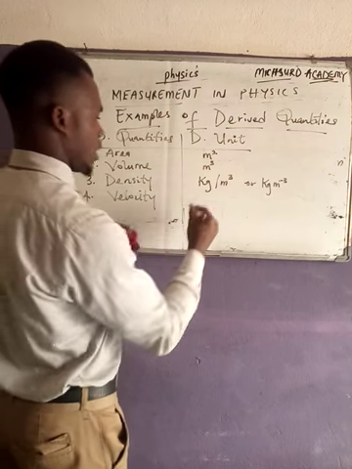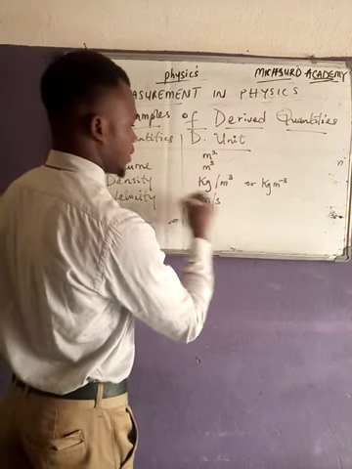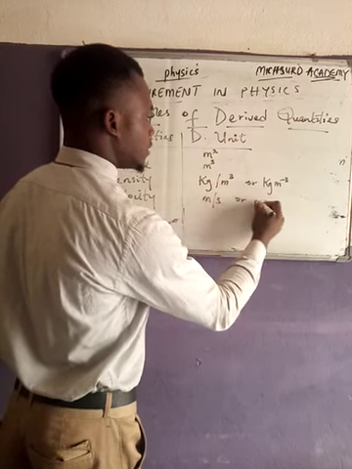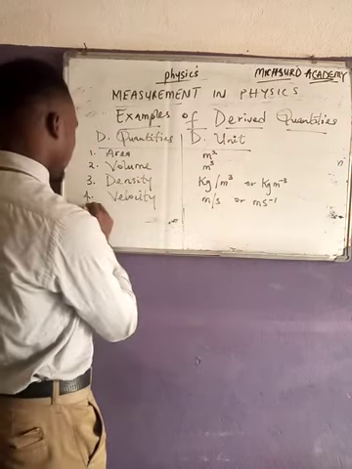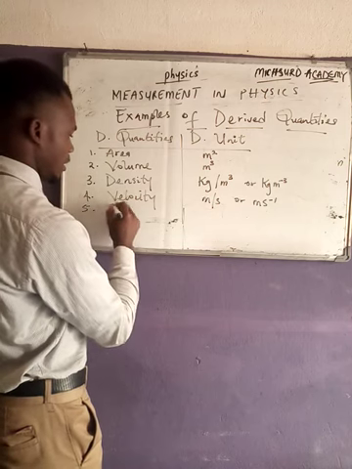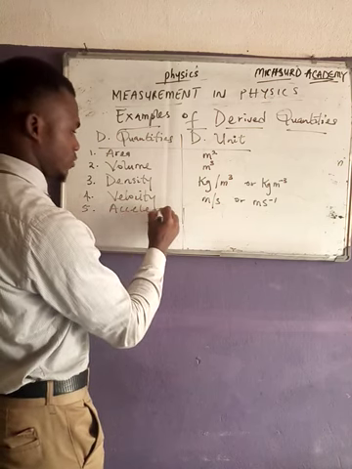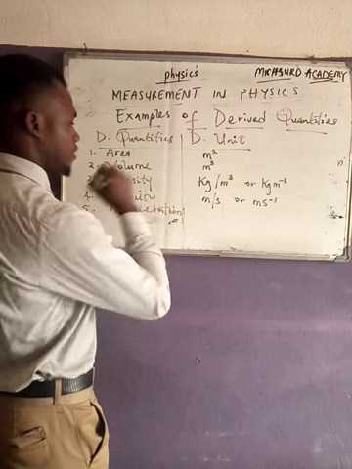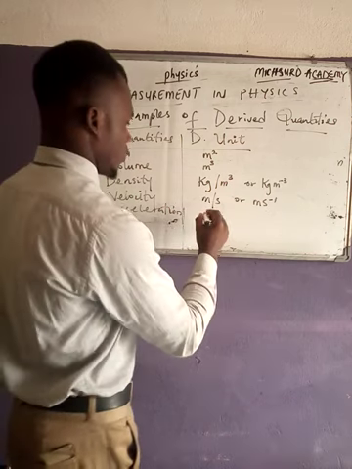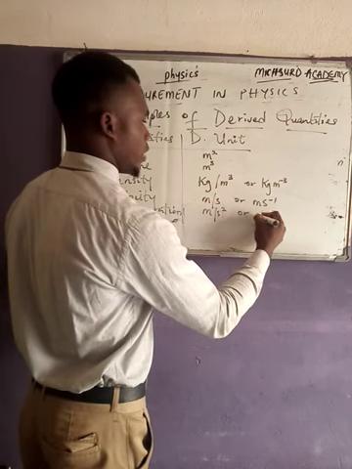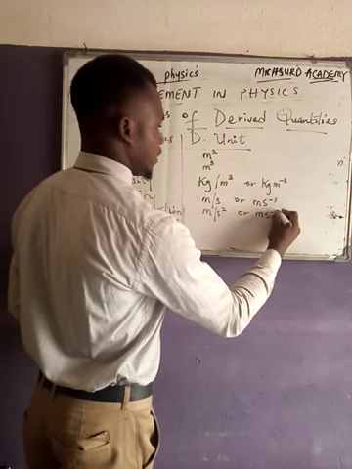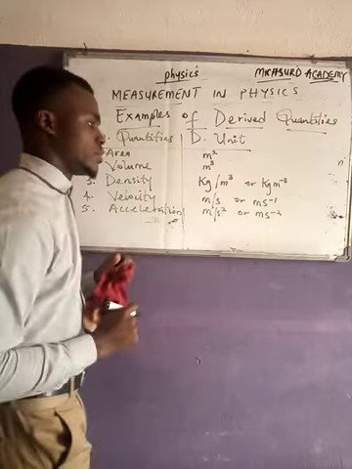Velocity is given as meter per second, or you can still write it as m/s. Okay, now we have acceleration as another example of a derived quantity. It can be given as meter per second square, or you can write it as m/s². Still the same thing.